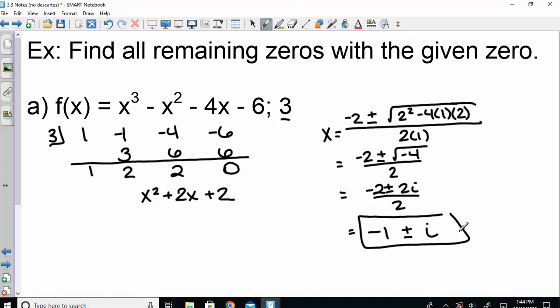I only asked for the remaining zeros, so you don't have to restate the one I originally told you. So the remaining, the other 2, are -1 plus i and -1 minus i. Questions so far?